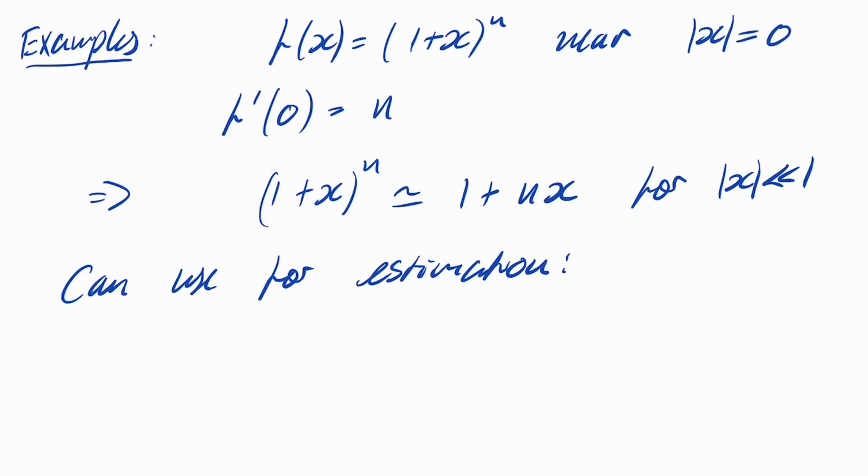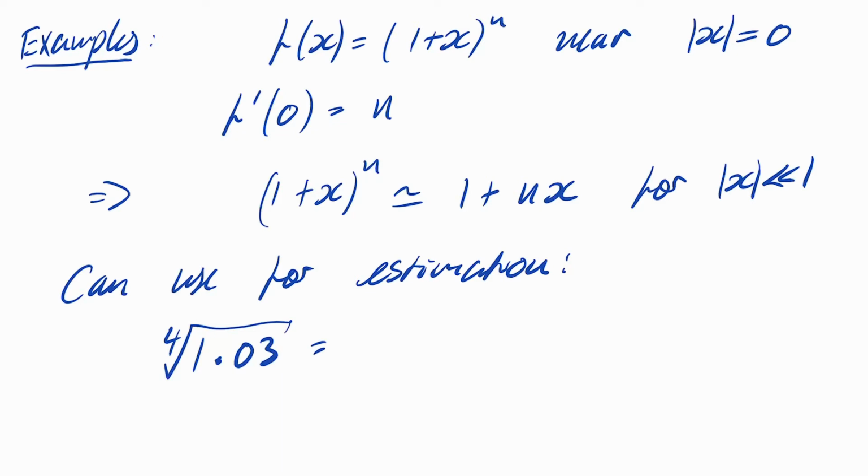So in fact this is a really useful one to use. (1 plus x) to the n is approximately 1 plus n times x. You'll see it over and over again. Let's try an example with just some numbers in. Let's say you have the number 1.03 and you want the fourth root, say. Well, we can use this result by writing this in the form (1 plus 0.03) to the power 1 over 4.